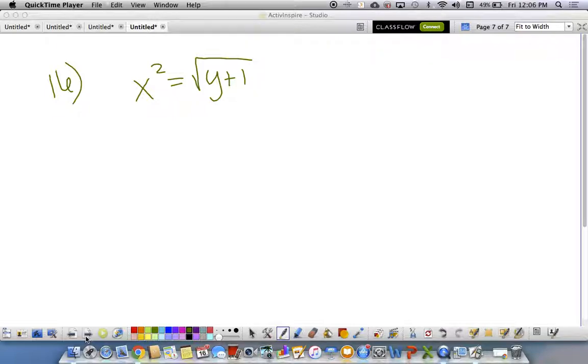Can you rearrange? What's the first thing you're going to do? You're going to square both sides.